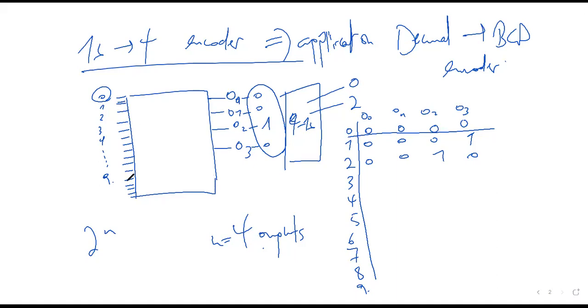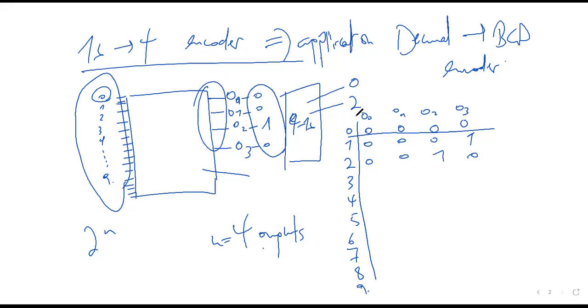Instead of having 9 inputs and 9 outputs, I can represent all these 9 inputs using only 4 outputs. I can represent all the 2 to the power of n inputs using only n outputs.